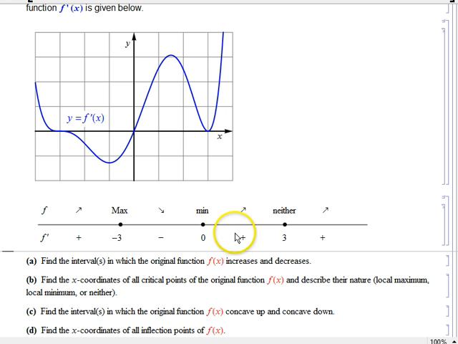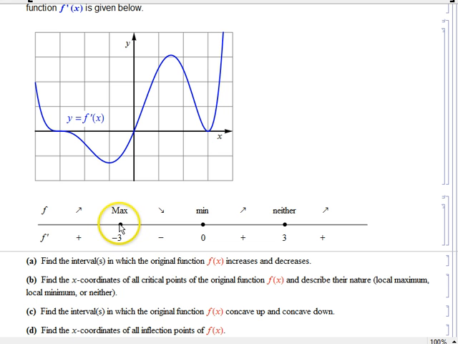Now, between 0 and 3, we saw that the derivative is positive, above the x-axis. So the original function is increasing, going up. And after 3, the derivative is still positive, so the original function must keep on increasing. We have something like this. Increasing here, now decreasing, increasing, and keep on increasing.